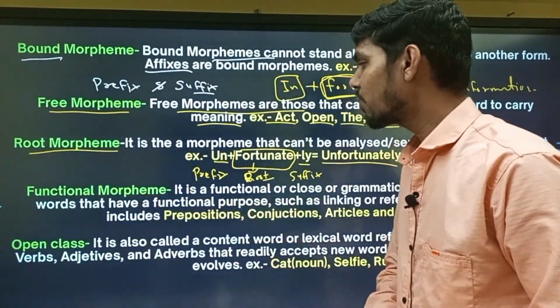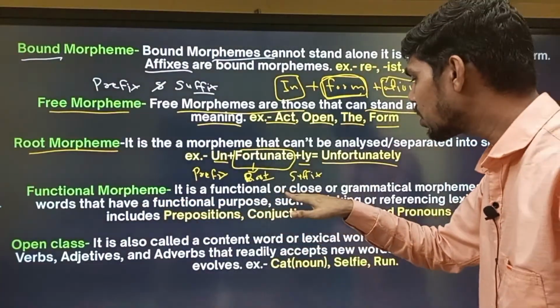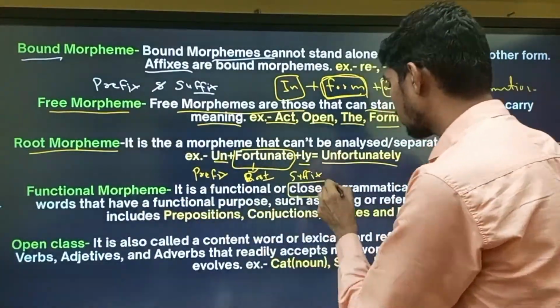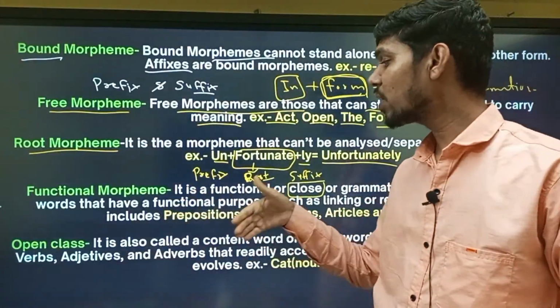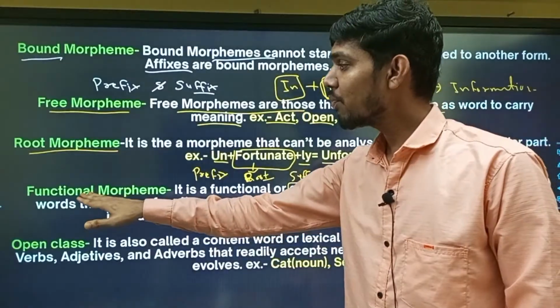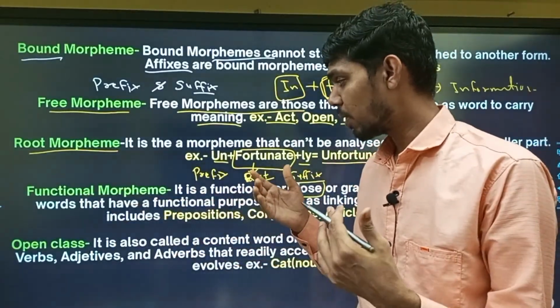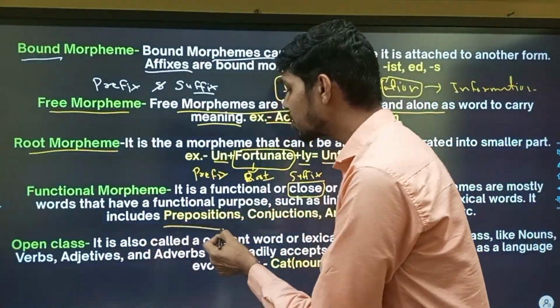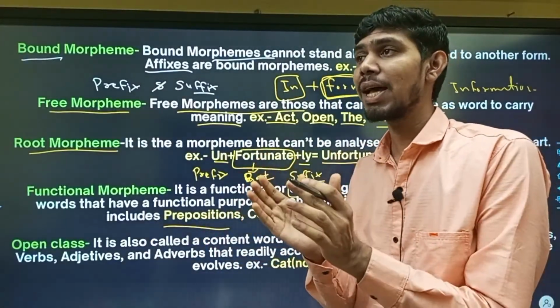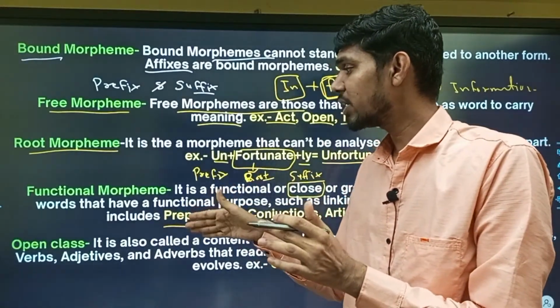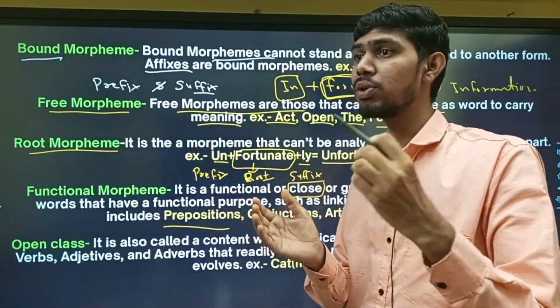Next is the functional morpheme. It is a functional or closed class morpheme. Closed class morphemes, or grammatical morphemes, are mostly words that have a functional purpose. What do we mean by functional? It has some kind of purpose, just like a preposition. Its function is to show position before something.